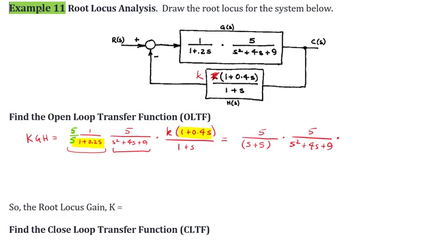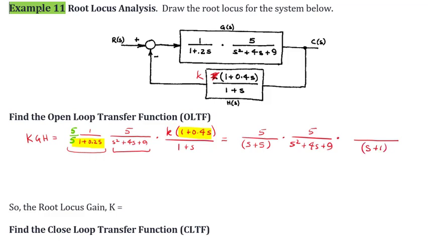Times, and then we've got a similar problem here. We've got this 0.4 there, and there's lots we can do with that as well. One of the things is we can factor out a 0.4 on that. So let's do that. The denominator is 1 plus s. I'm going to just turn that around and make it s plus 1, a little easier to read.